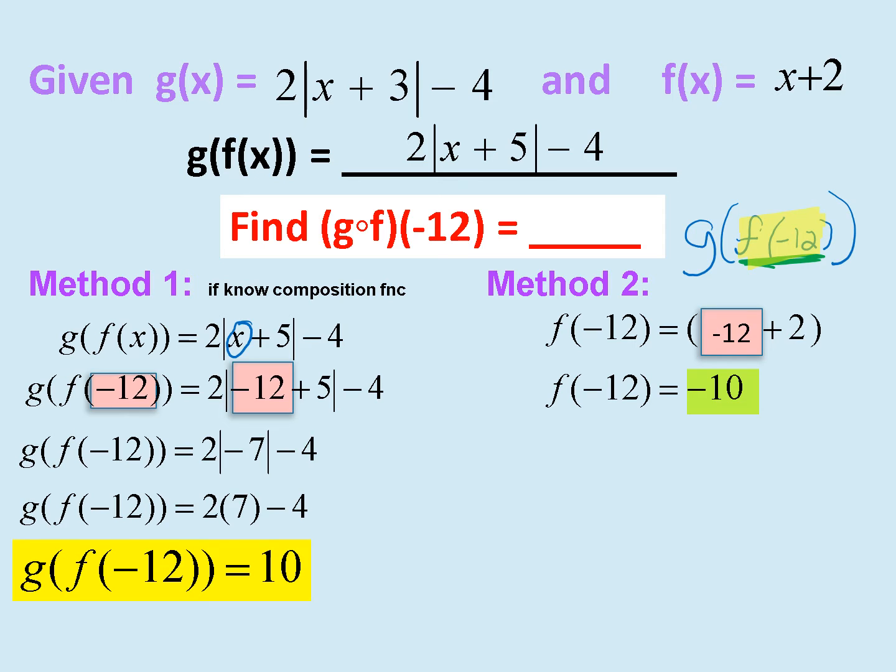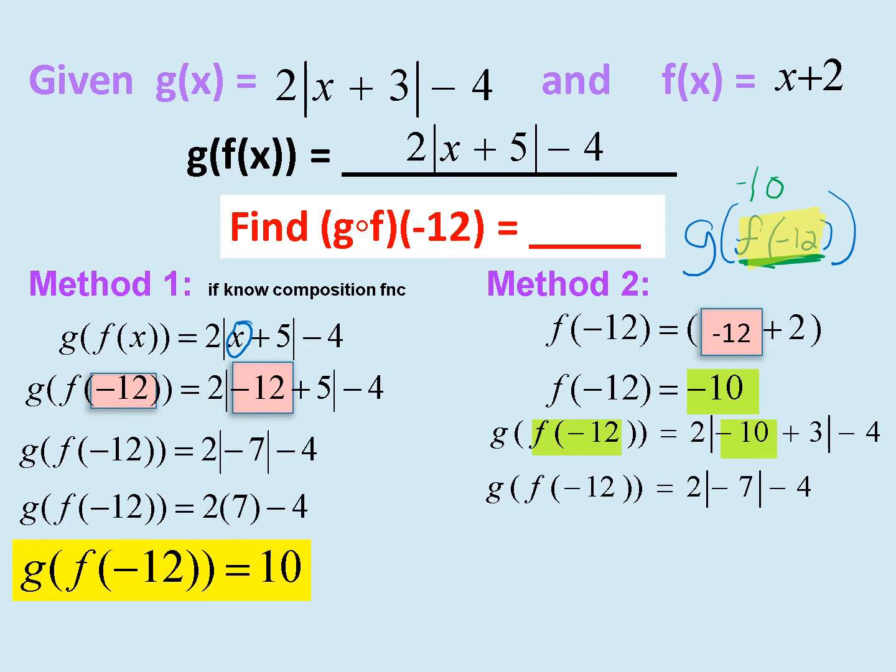That would be like me saying g of negative 10. So that means I would take negative 10 and replace it in the x of g of x. So that's how I get 2 times the absolute value of negative 10 plus 3, which is negative 7.